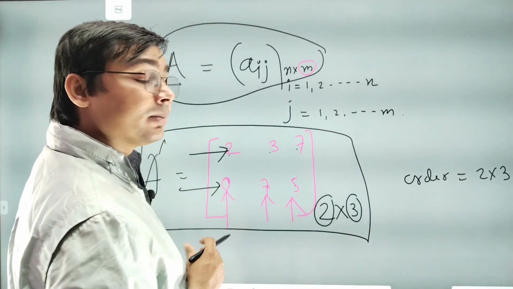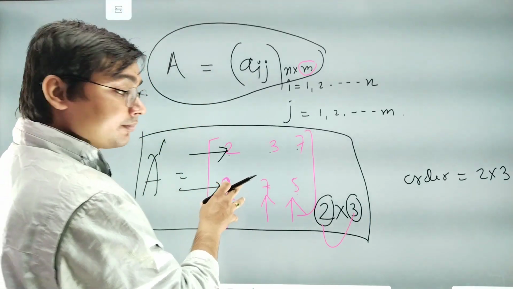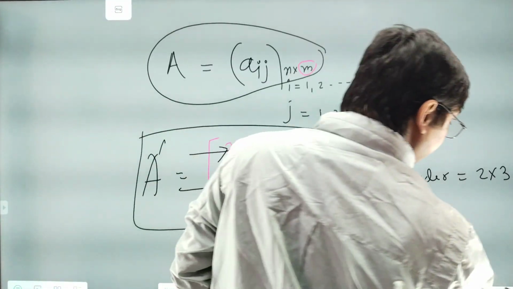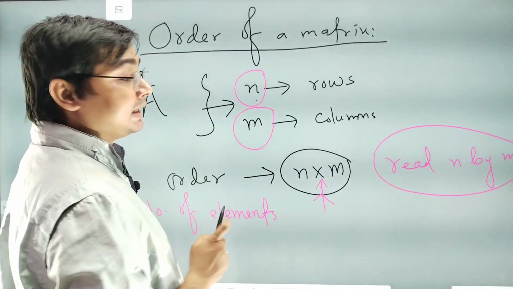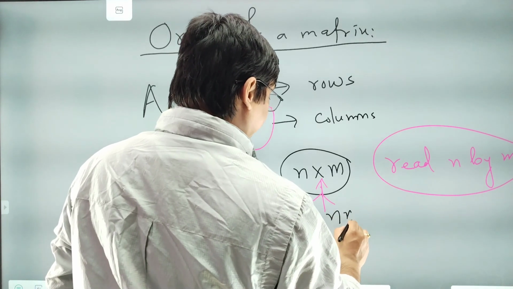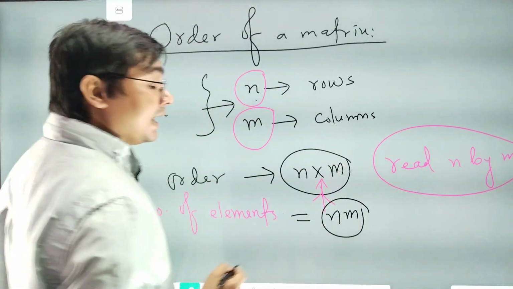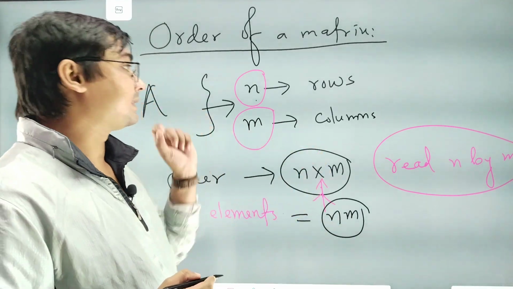You will get the number of elements. Yes, you see 2 into 3, you will get 6. So how many elements will be there for any matrix whose number of rows is n and number of columns is m? It will be nm. Yes, nm will be the number of total elements of that matrix, capital A.